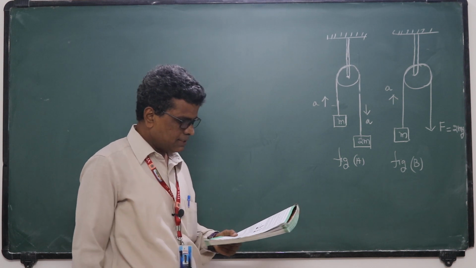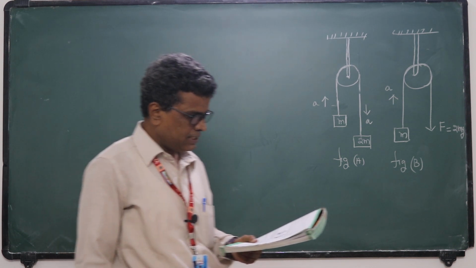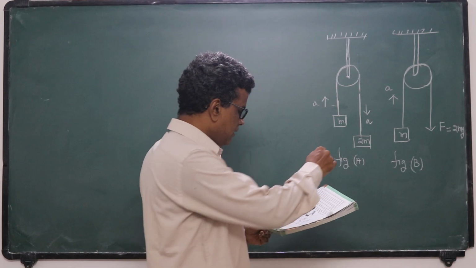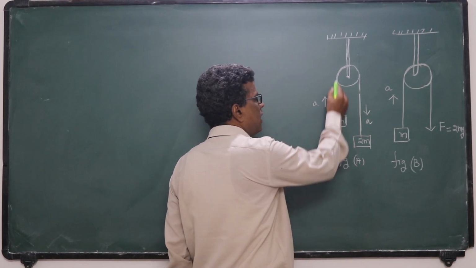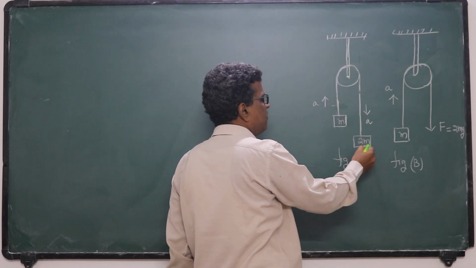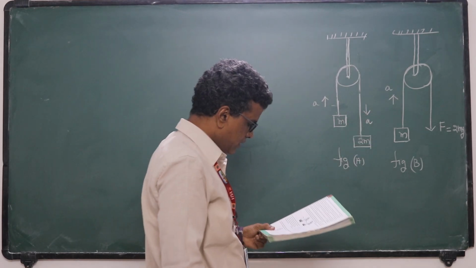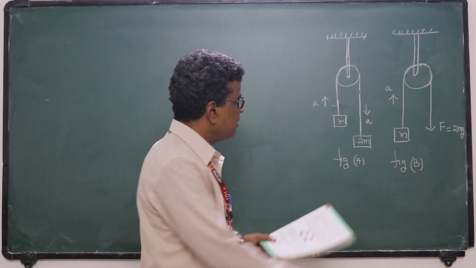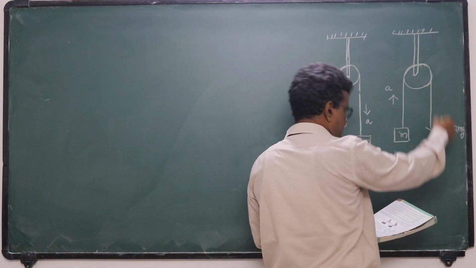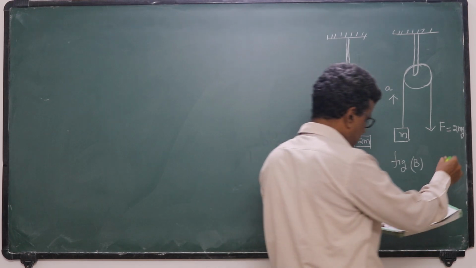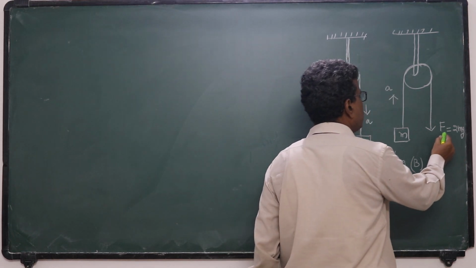And mass m is lifted up by attaching a 2m at the other end of the rope. So in figure A, this mass m is pulled up with the help of mass 2m, okay. That is, everything is shown in the figure. In figure B, mass m is lifted up by using the other end of the rope with a constant downward force.